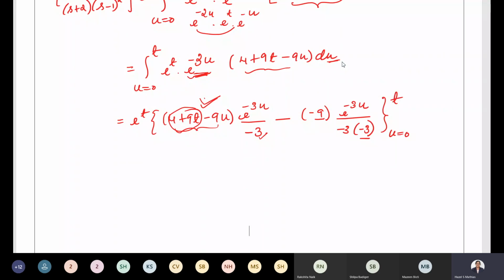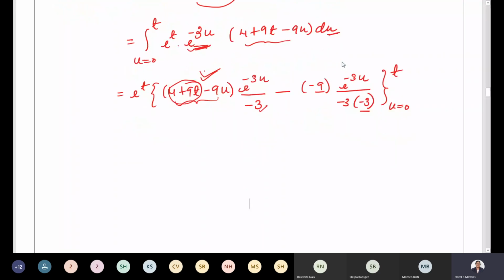Now let's substitute it. What do we get? We will simplify this. Just simplify the terms and check it. Or you can put the limits directly. So upper limit is t.